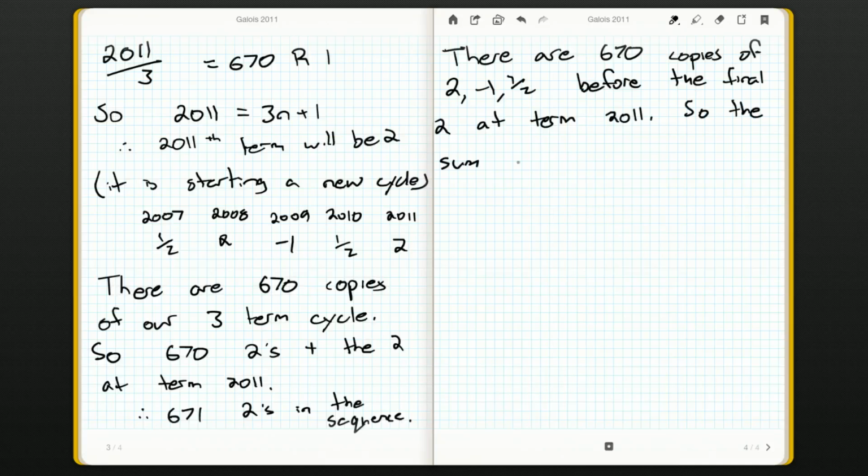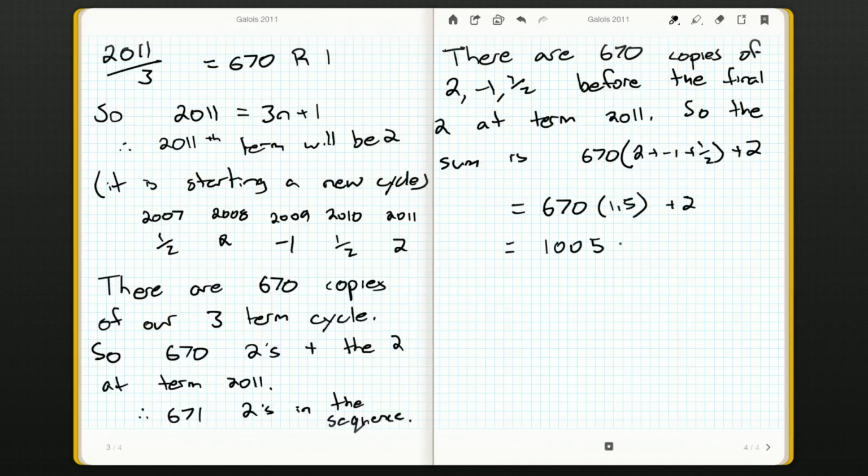So the sum is 670 times 2 plus -1 plus 1/2, plus 2. Well, we can really quickly simplify this. 2 plus -1 is just 2 minus 1 plus 1/2, 1.5. And we have to remember to add on that last 2, that 2011th term. Well, 1.5 times 670. Again, you can grab your calculator because calculators are allowed on this contest.